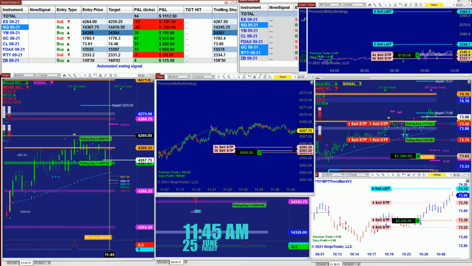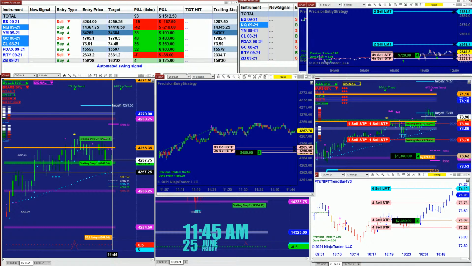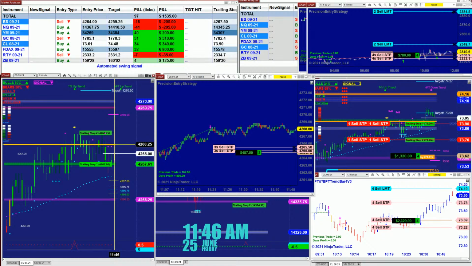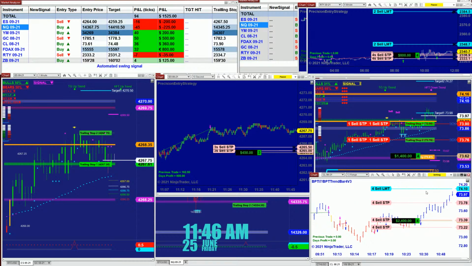As we told you, the ES is going to drop to here, and it did. Look at the wick on this. I hope you can see the wick on the YouTube. It came in and it dropped. It's going to try to climb again to 4268, and we are about to close that trade on the CL. Our target is 74.10.